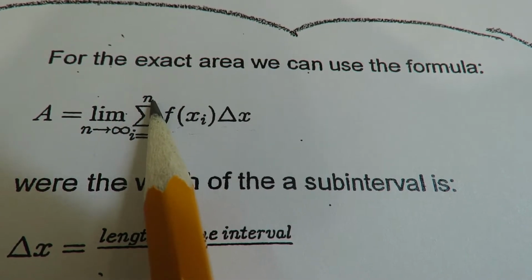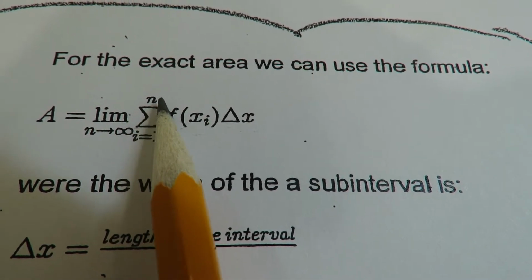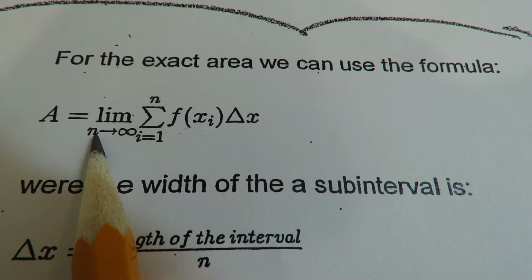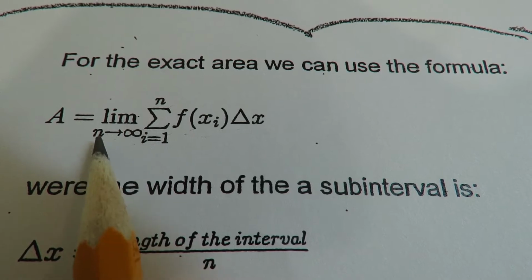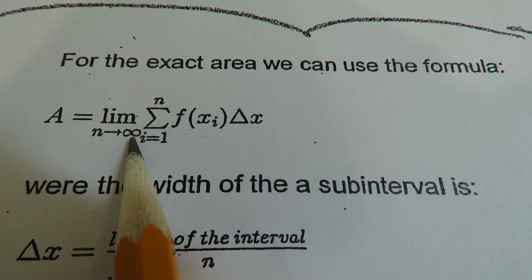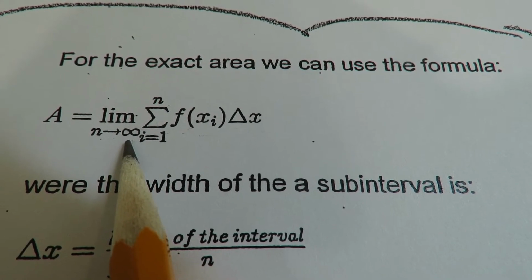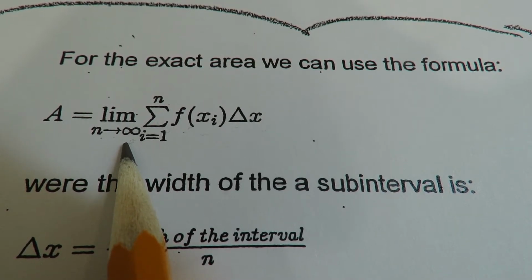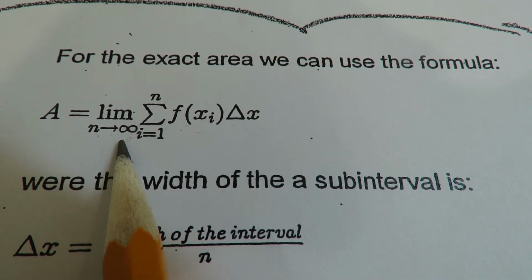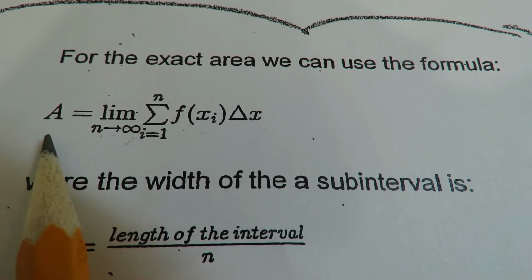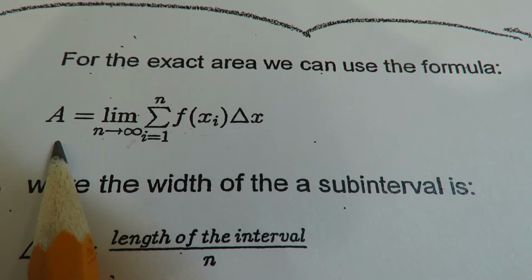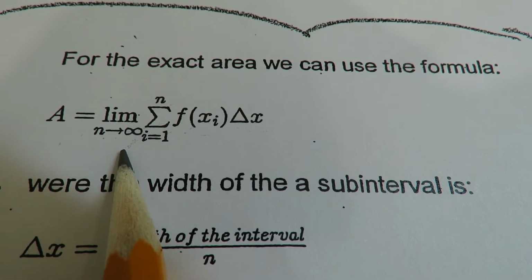You'd like n? Okay. N is going to where? N is going to infinity. So how many rectangles is that? That's an infinite amount. And that's exactly what you need to calculate the area. I think that's pretty cool. I hope you guys do too.